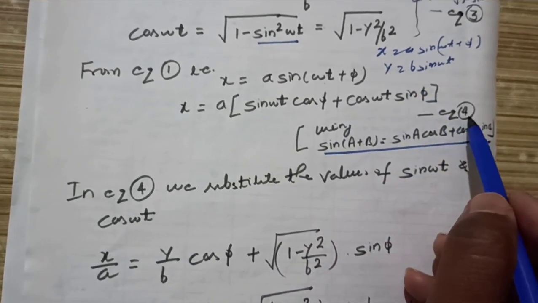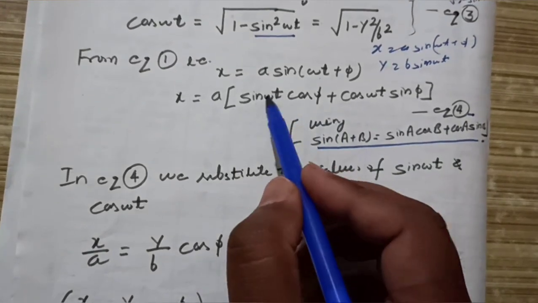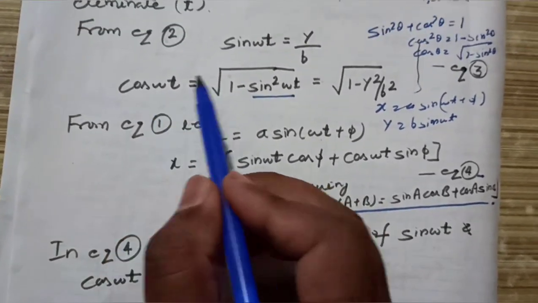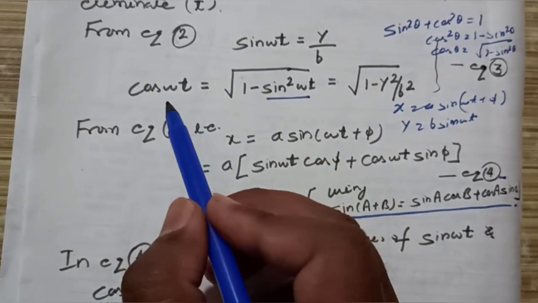In this equation 4, we will substitute the values we have already calculated, sin omega t and cos omega t.